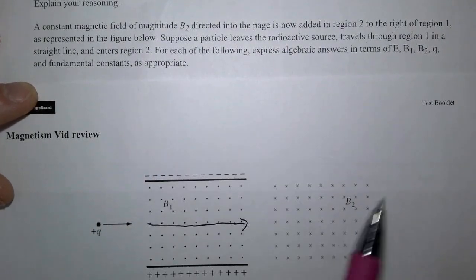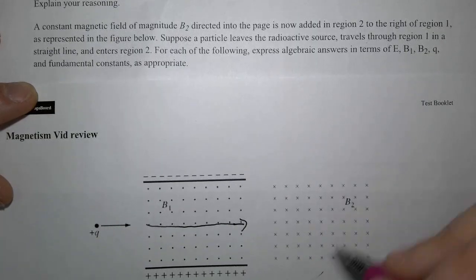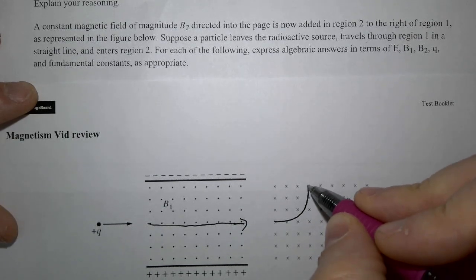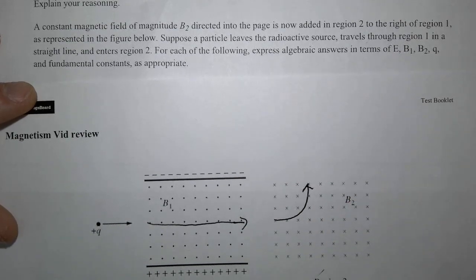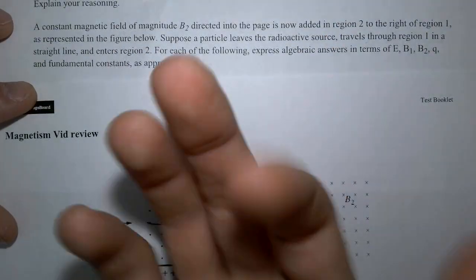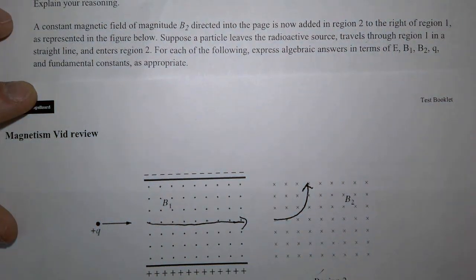And then it's going to enter the magnetic field. So this is essentially a mass spectrometer where we are going to get some sort of radius going on here. This is a field going in the opposite direction, so this is going to end up curling up in a circular path. Because it curled down before with the dots, now our field is going to be away from us, so our palm would be up on the page.